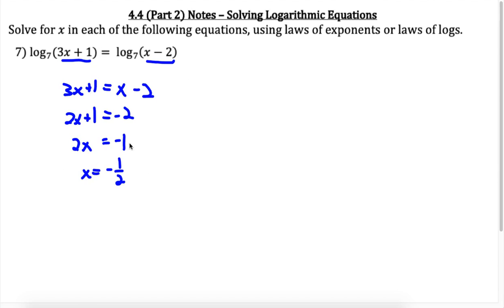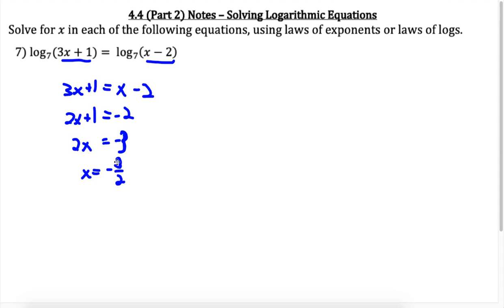So again, I need to plug that back into my original problem. So I'll have negative 1/2 here. Oh, I'm sorry, I messed that up, didn't I? If I subtract 1, this would be negative 3/2, there we go.